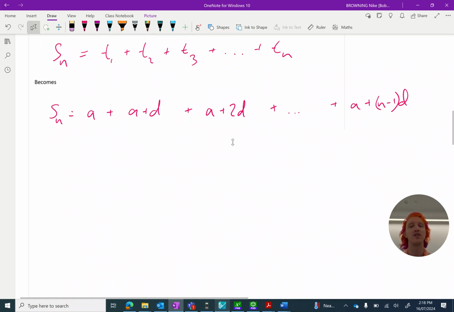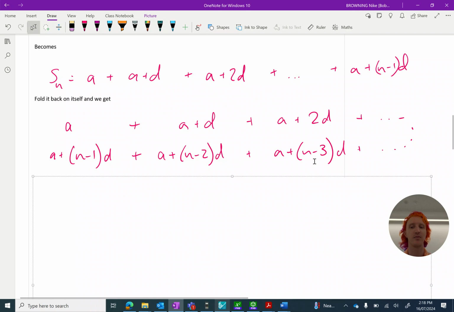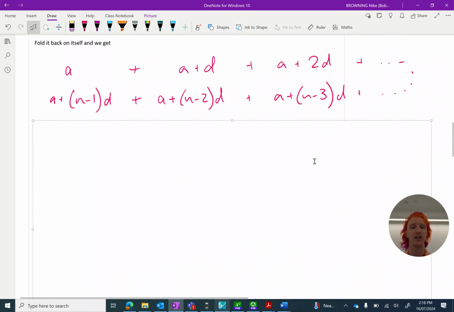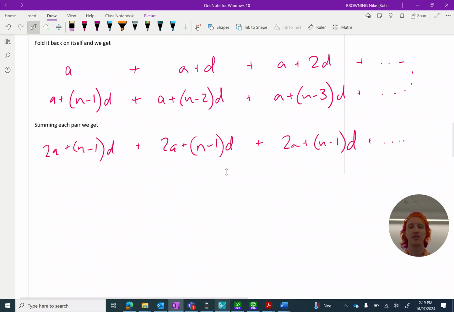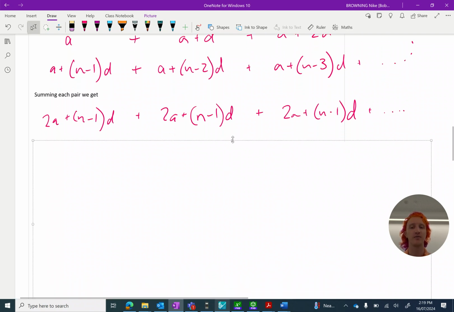If we fold that on itself, we get something that looks like this, where we've got a and a plus (n minus 1)d, a plus d, and a plus (n minus 2)d, etc. Summing each of those, we get the sum 2a plus (n minus 1)d for everything.